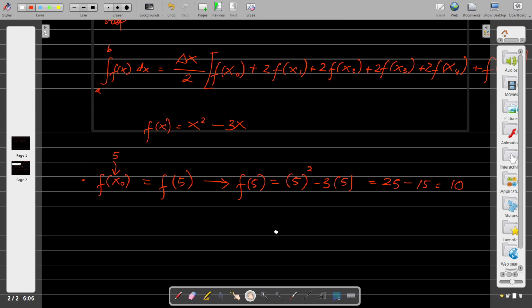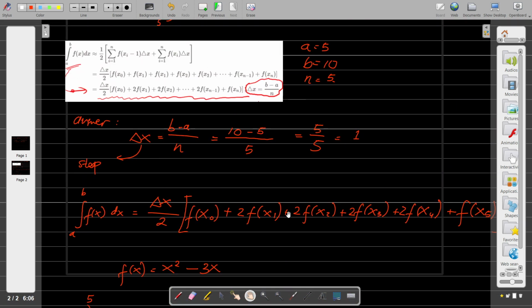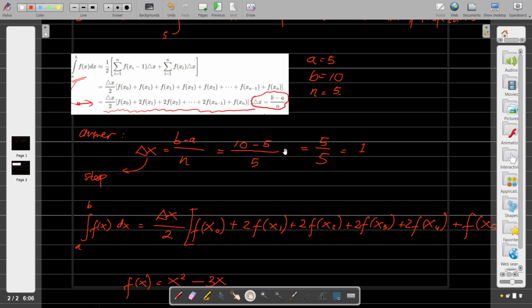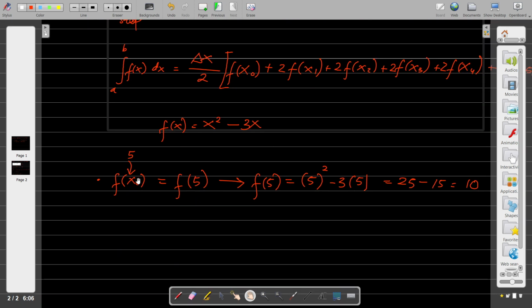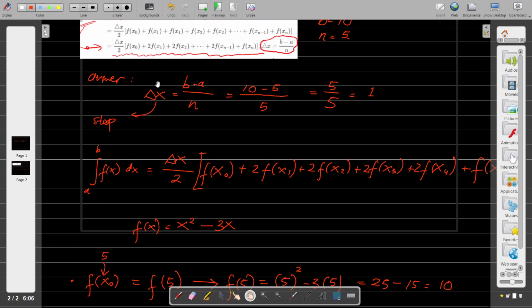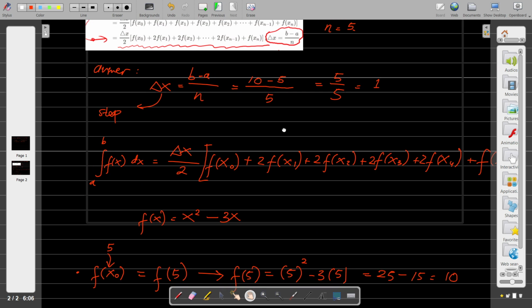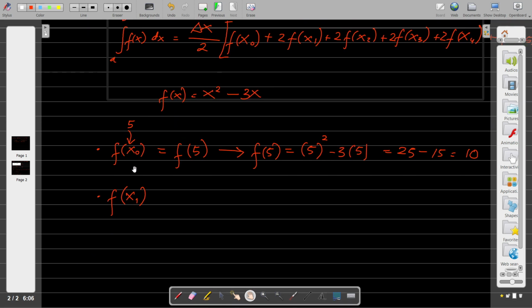And then again, because the step, the delta x, equals 1, the value of the next x will be plus 1. So this is our f(x1), because after 0 it is 1, and because the step is 1, the value of x must be added by 1, plus 1, so it must be f(6).